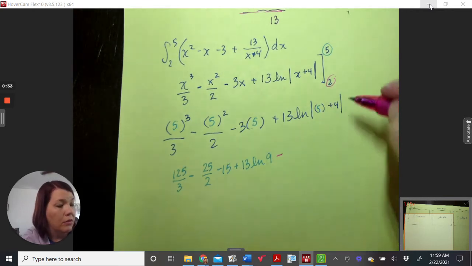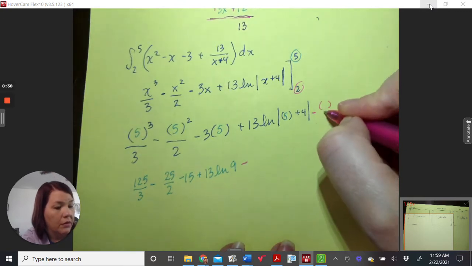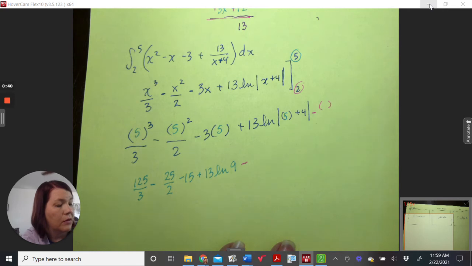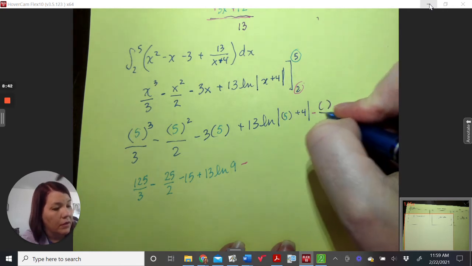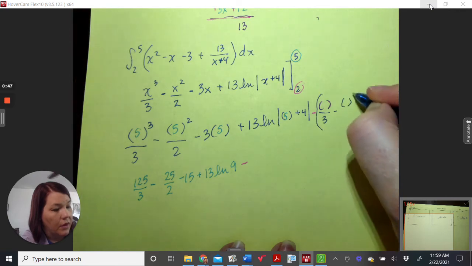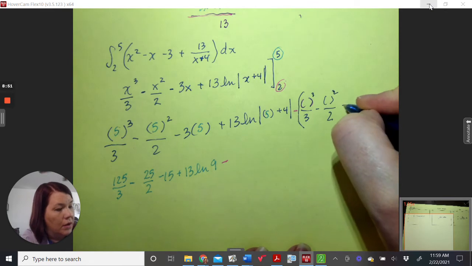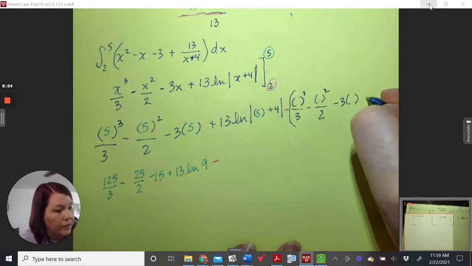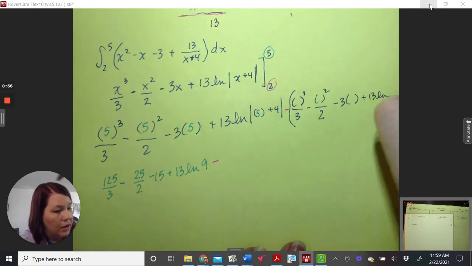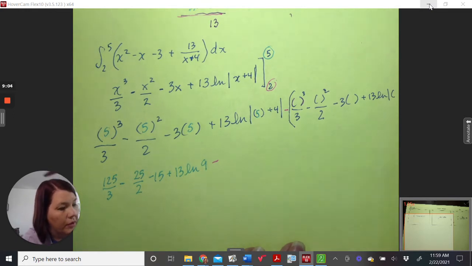Something cubed over 3 minus something squared over 2 minus 3 times something plus 13 ln of something plus 4. And so now something, and I'm closing my big parenthesis, and now something is 2. And I plugged in 1 in class, except for here where I plugged in 2. So I don't know what my brain was doing.